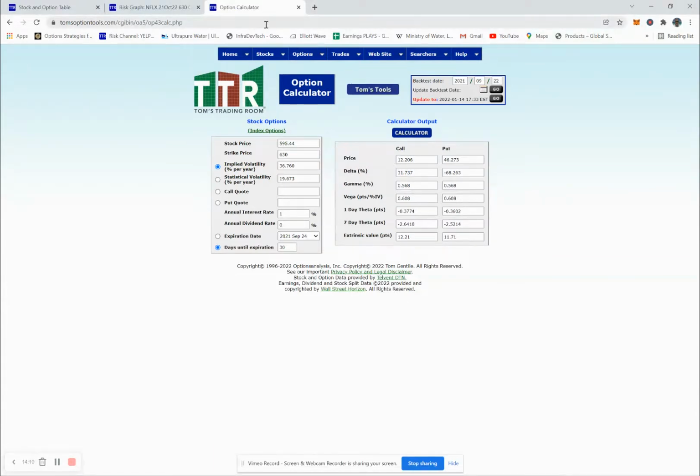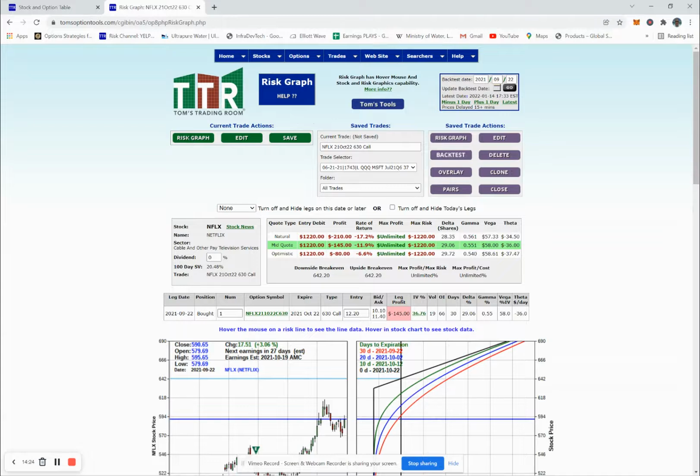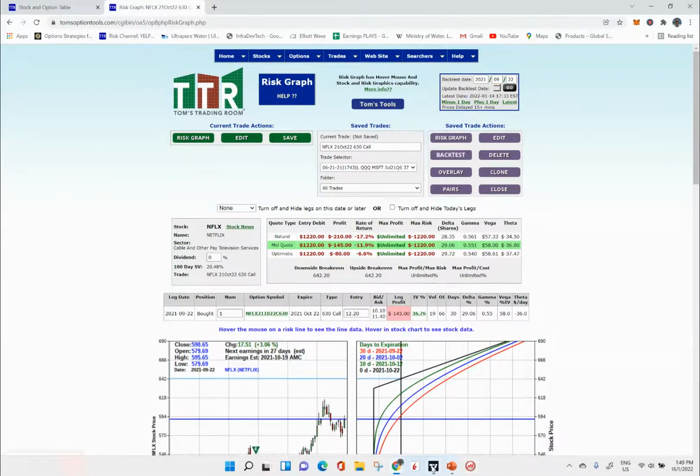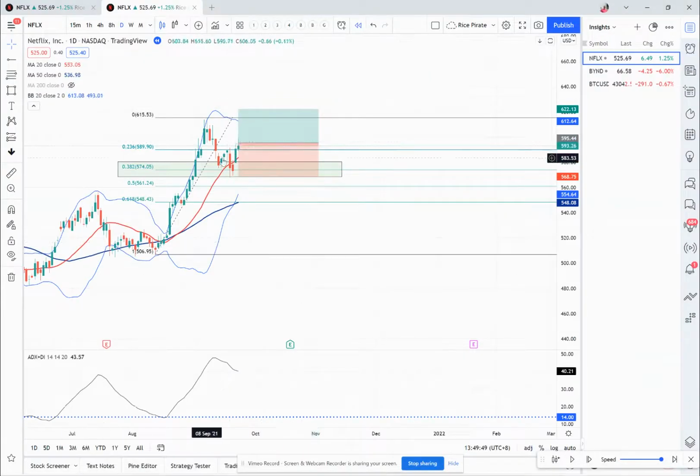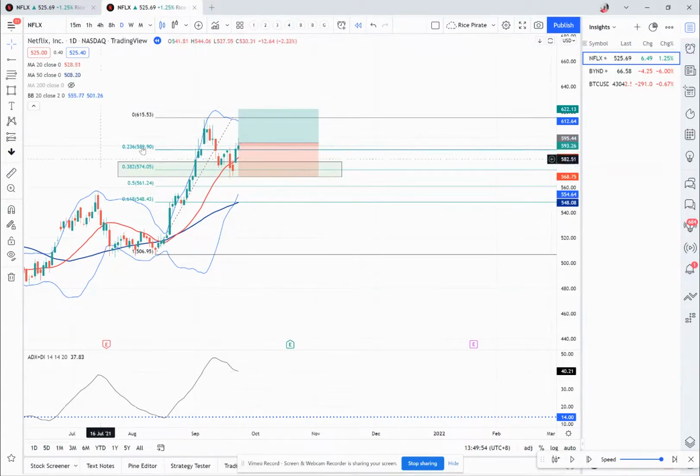Okay, so that basically tells me that the next day I would have paid 1220 for this thing. Okay, so that would be my price of that option because I would have been triggered in at market price when Netflix hit that price. Okay, so now I just let the trade run.